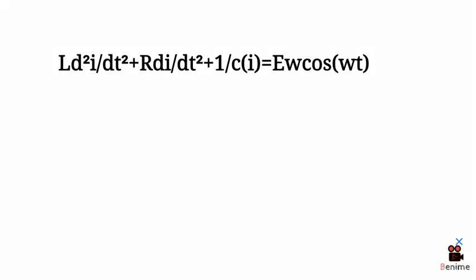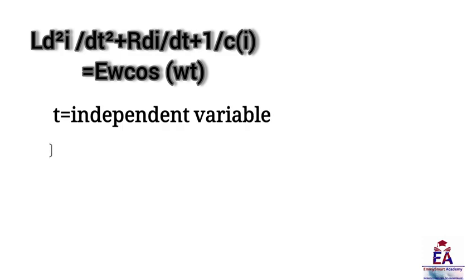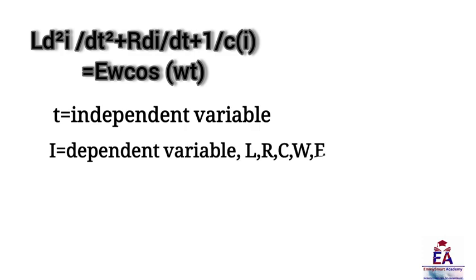To find the independent variable, the one that doesn't depend on anything: t will be the independent variable.